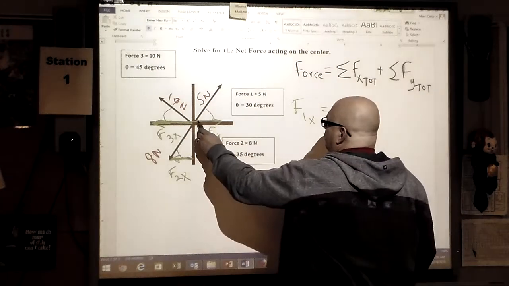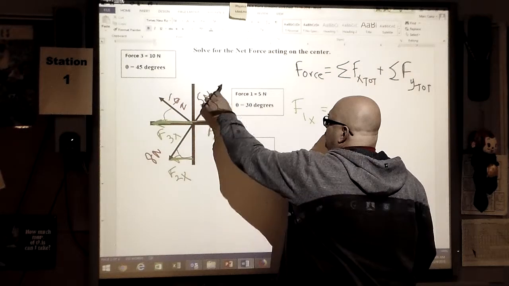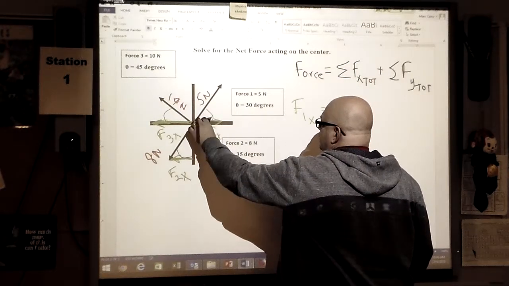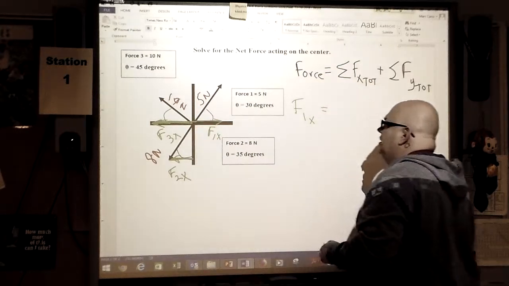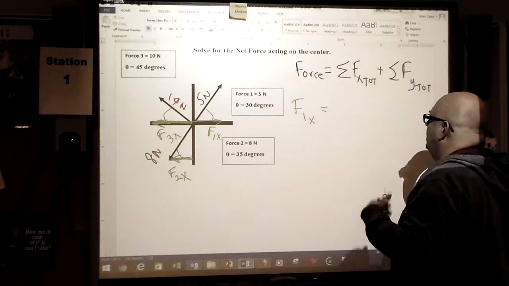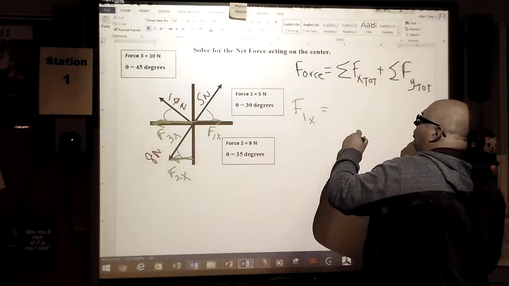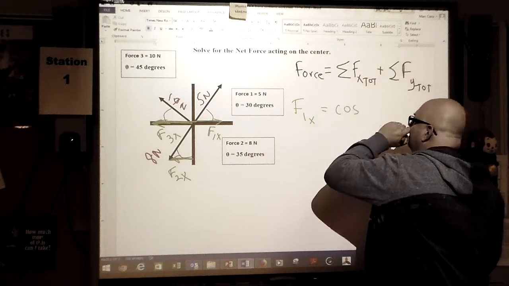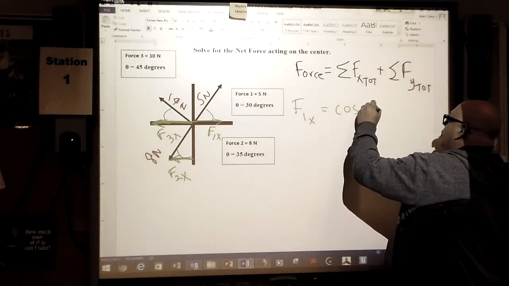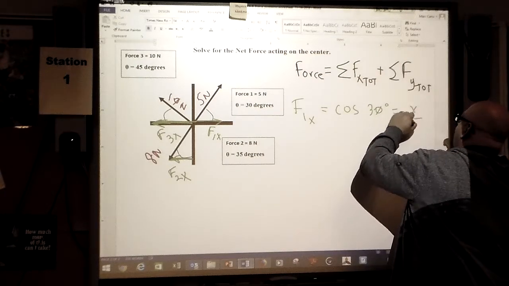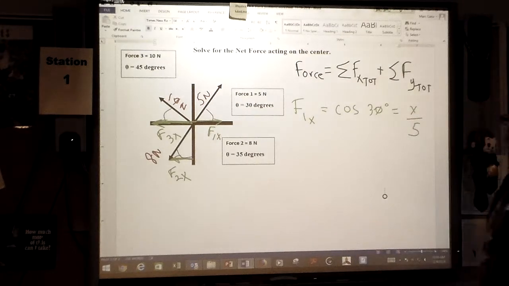Well, here's the hypotenuse of our right triangle. Here is the adjacent, because this is our angle of 30 degrees. So if we look at trigonometry, it's going to be the cosine. The cosine of 30 degrees is going to equal x over 5.